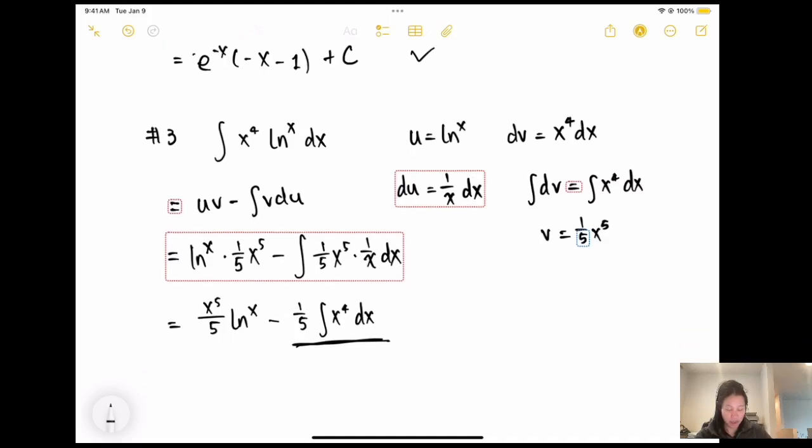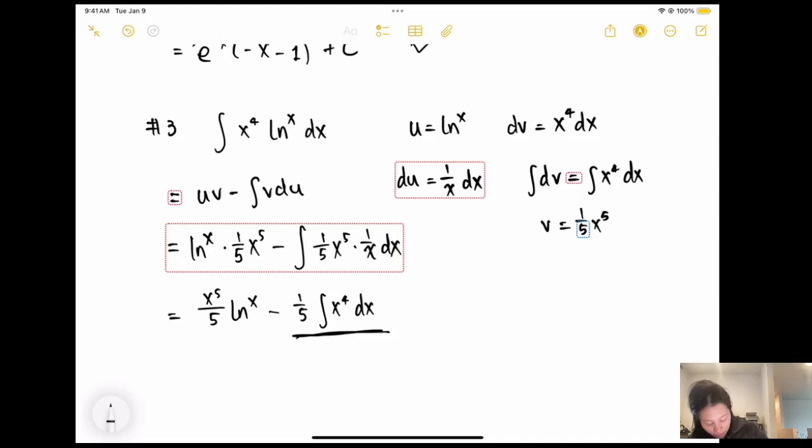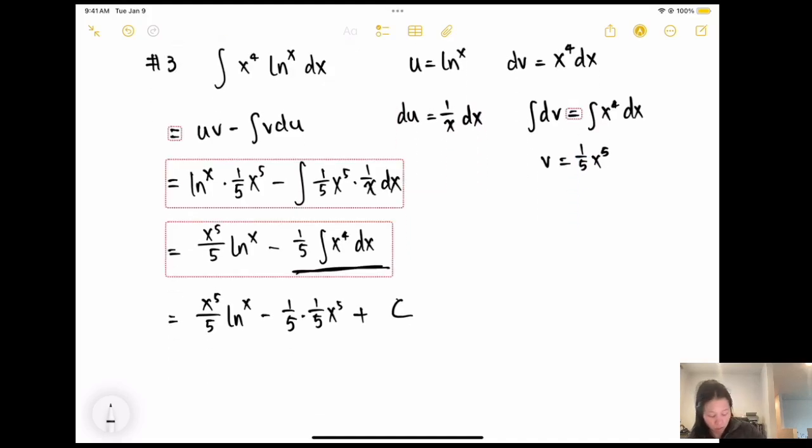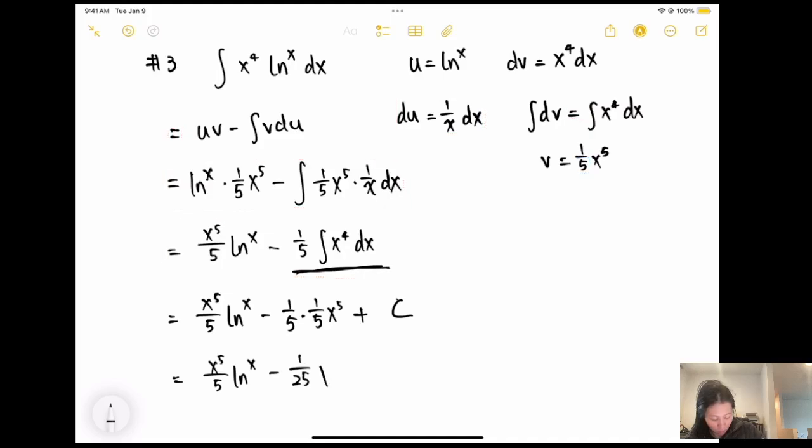When we're subtracting this, we should get x to the 5th, which we did earlier. Oh, no more dx, but adding a constant at the end. Okay, so simplify it and clean up the answer. You have this for number 3.